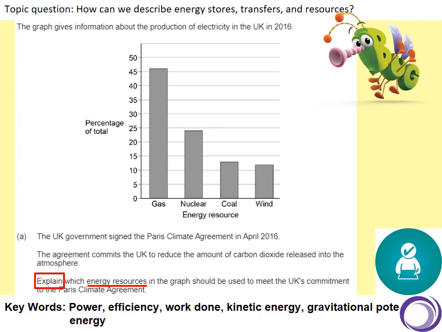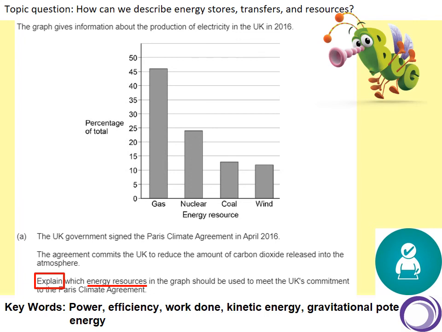So your command word here is explain which energy resources in the graph should be used to meet the UK's commitment to the Paris Climate Agreement. You will need to pick the energy resource that you think the UK should use to meet the Paris Climate Agreement, and tell me why that is as well.